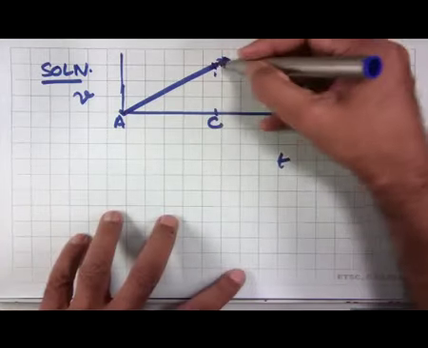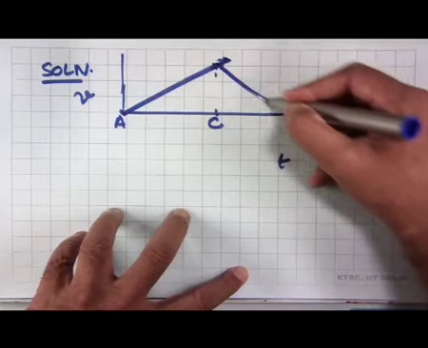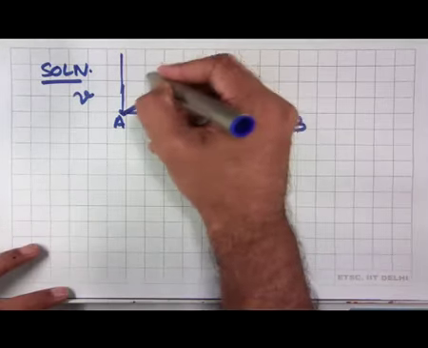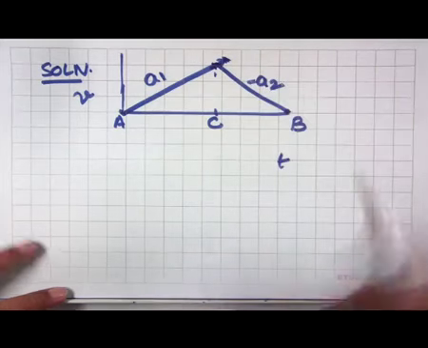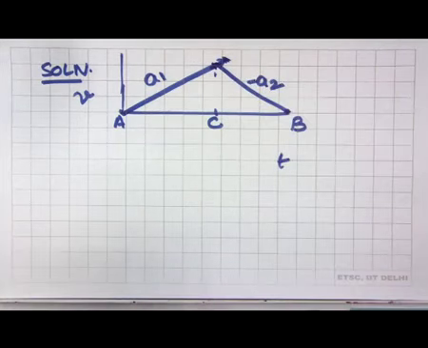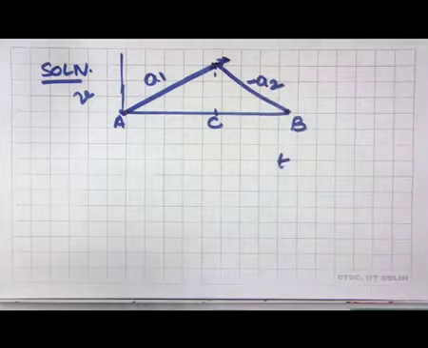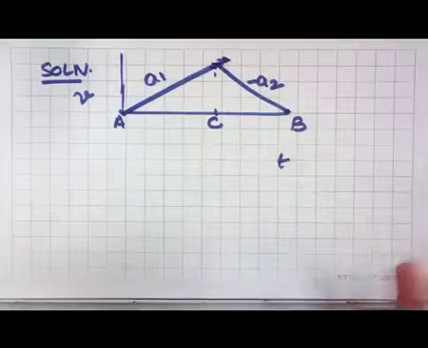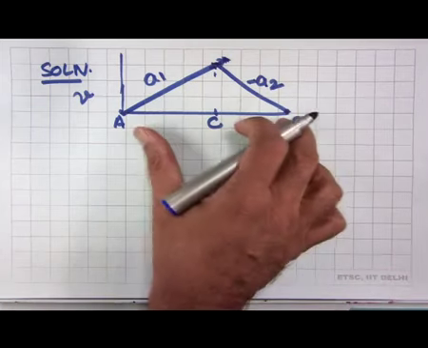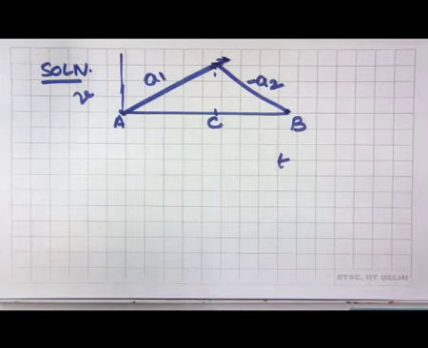At C, the velocity starts to reduce with acceleration of minus A2, because there is a retardation of A2. The point C is somewhere between A and B, and we do not know where exactly it lies.